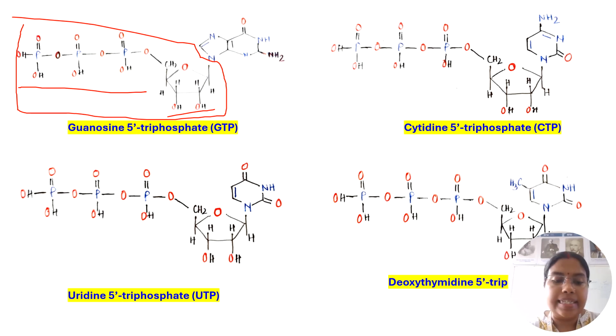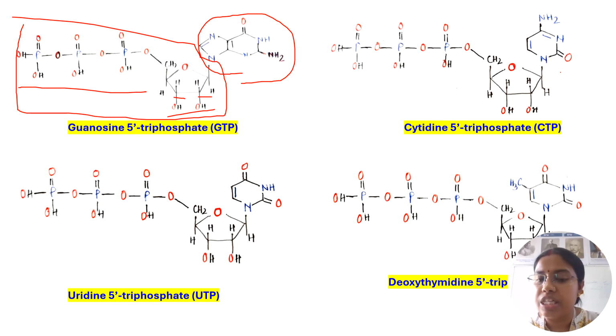For guanosine, cytidine and uridine, we took the ribose sugar, so everywhere both the 2' and 3' positions are attached with hydroxyl groups. For guanosine triphosphate, the purine group is attached with the C1 carbon, and for cytidine, the cytosine, a pyrimidine group, is attached with the C1 carbon, and for uridine also the same thing. And for deoxythymidine, we use the deoxyribose. So in that case the 2' does not contain a hydroxyl group, only the 3' contains the hydroxyl group, and the rest of the part is the same.